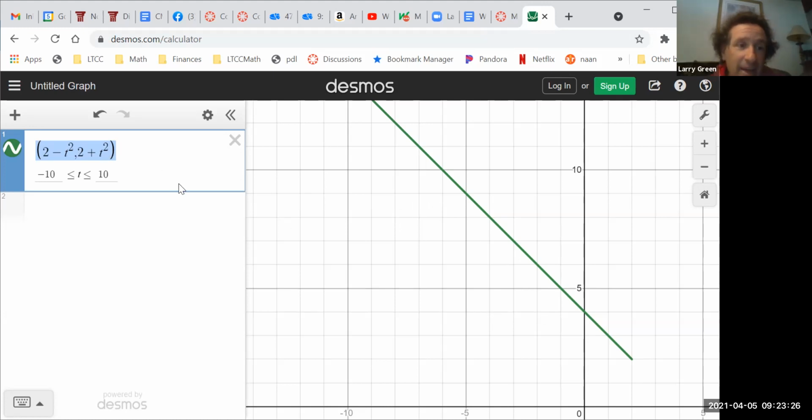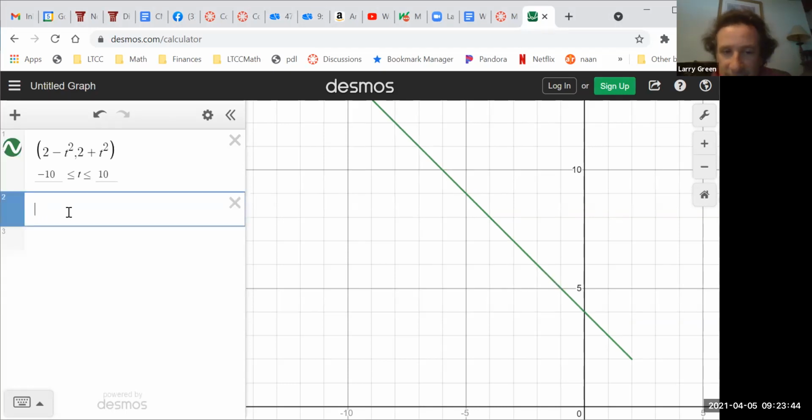Okay, so this is an example, and maybe I'm going to have you try one. Give me an example. First person who puts something in the box, I'll pop it in Desmos, and we'll take a look. So give me your x and give me your y, functions of t. Somebody's got to try.